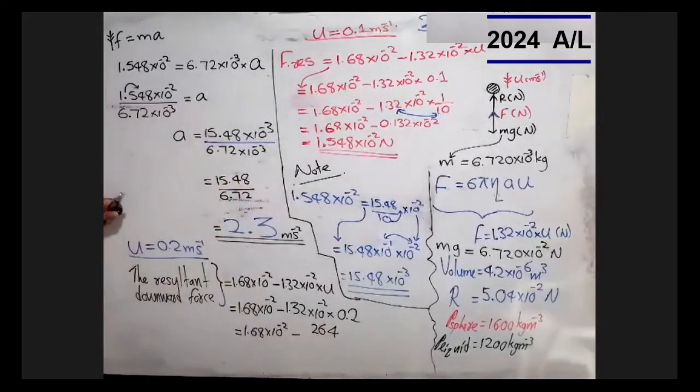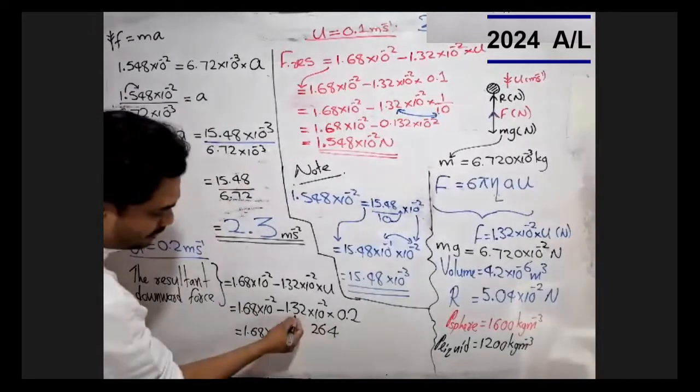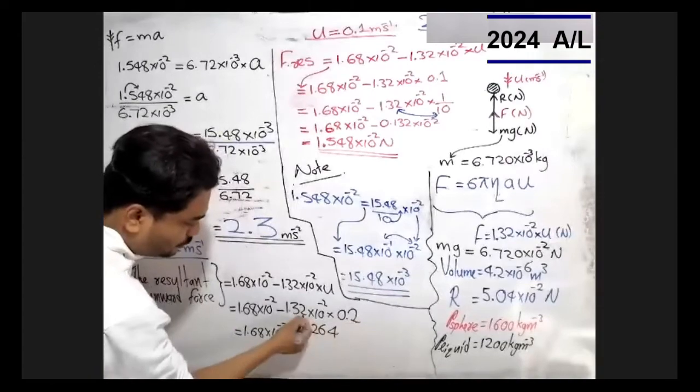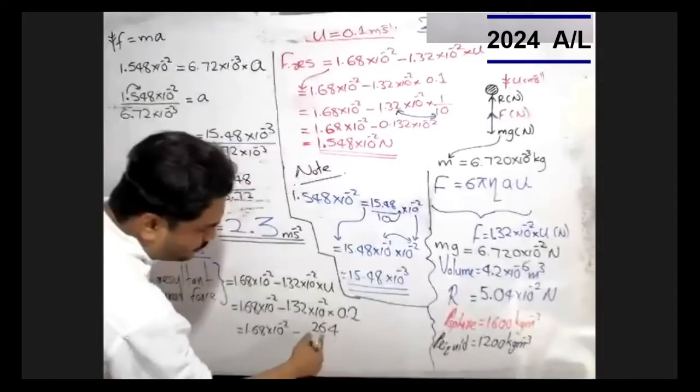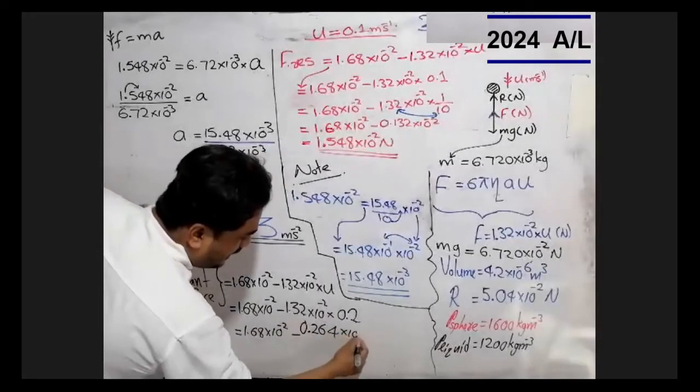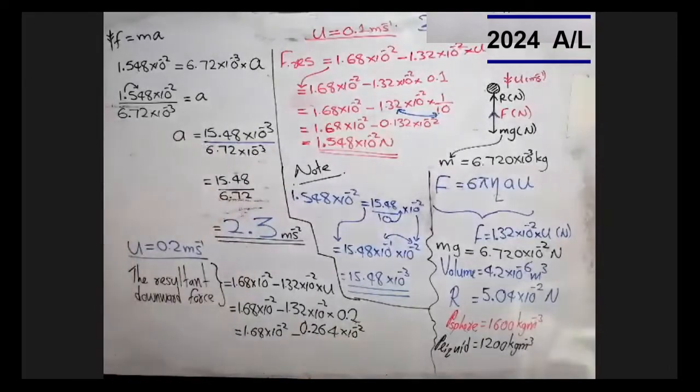But how many decimal points should be there? 1, 2, and 0.2 has another one. 1, 2, 3 decimal points should be there. This is 0.264. And nothing will happen to 10 to the power minus 2.